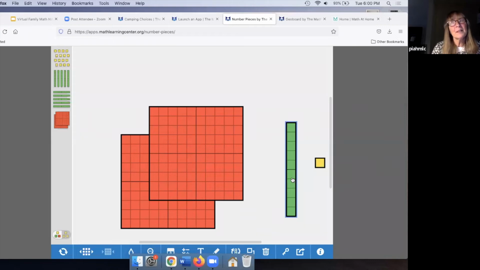Well, maybe one of the things that you've noticed about these apps is that there are no distractions. They're very clean. There's no advertising, there's no shooting. So I'm not sure what your limits are for video games, but I love the apps because they allow children to construct meaning around the math topics.